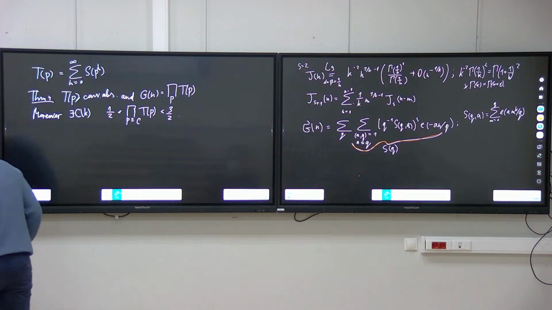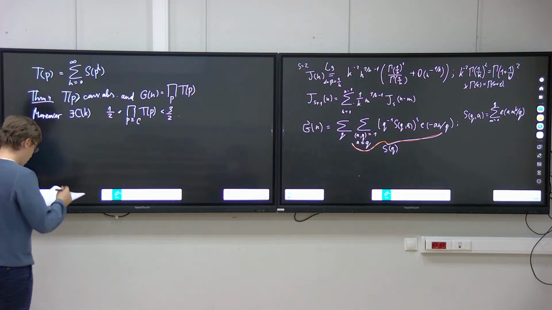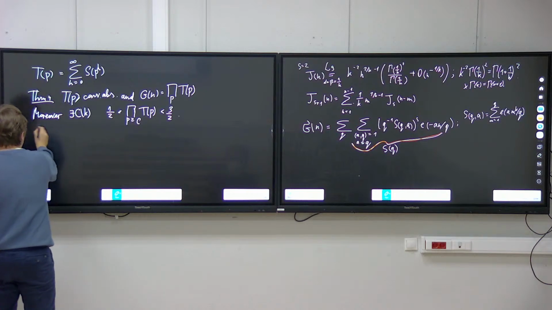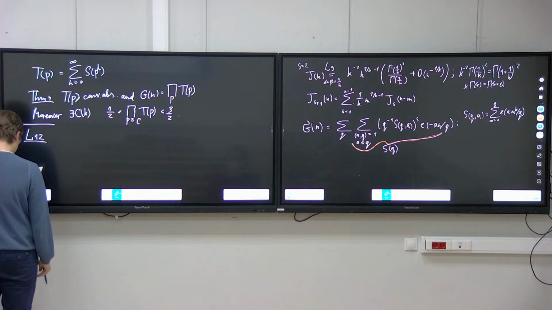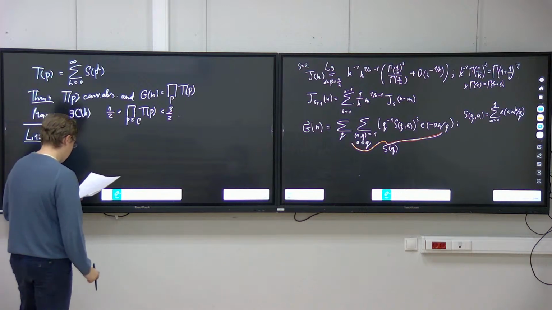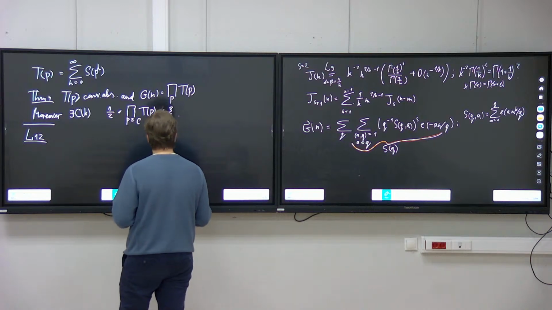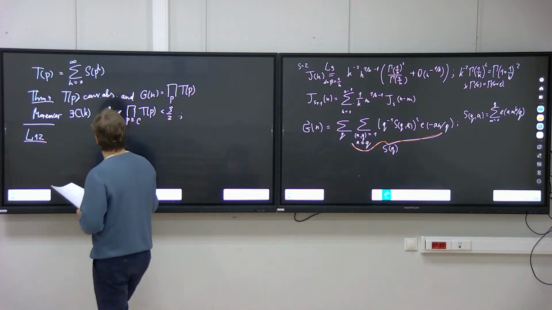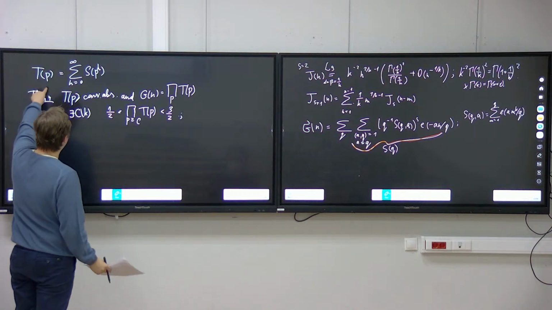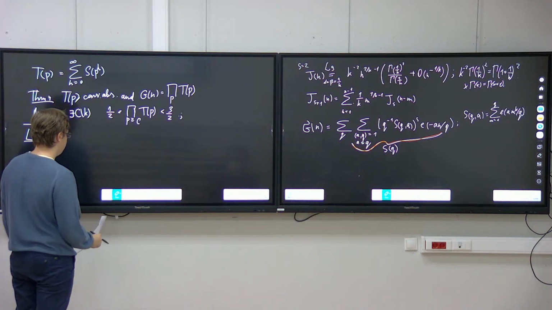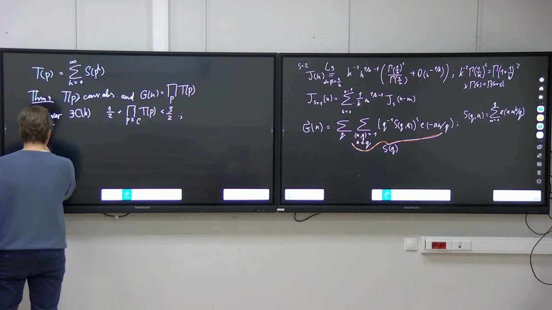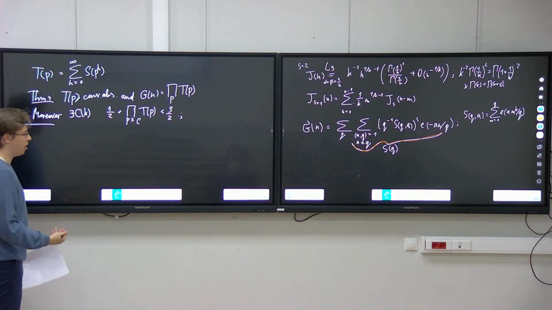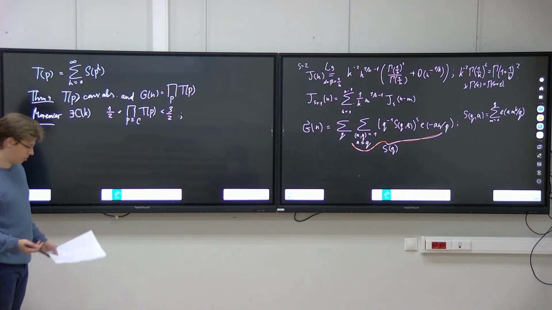So we don't have a lot of time, let me just prove the last lemma. So let us denote. I want to say that this T of P has some good meaning in terms of representations of our number modulo P as a sum of powers.